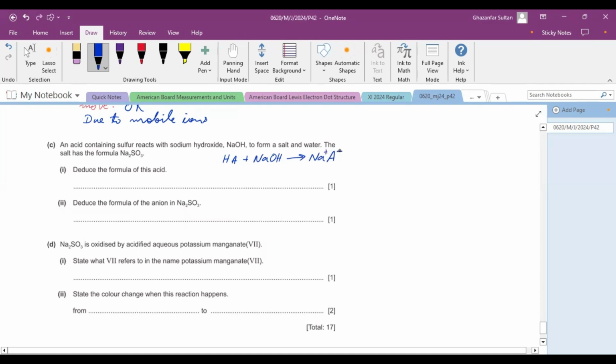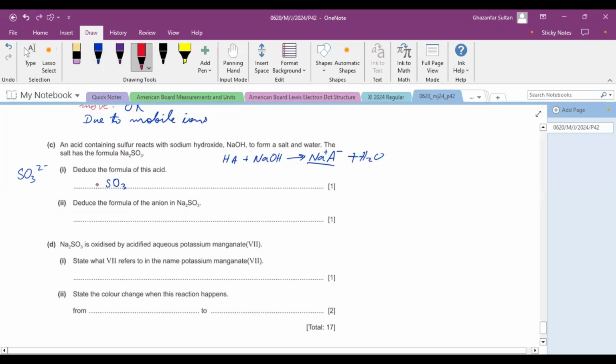So sodium positive from the base and A minus from the acid combine, and hydrogen and OH ion combine to form water. So take the negative ion from this salt, and as there are two sodium, that refers that this SO3 ion has 2 minus charge. So definitely there would be 2 sodium.